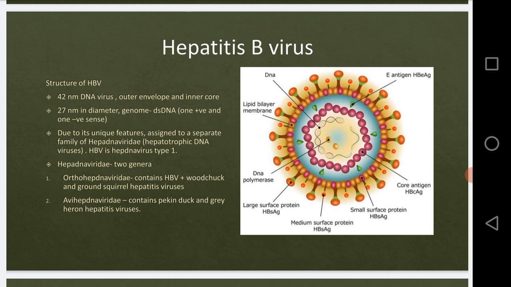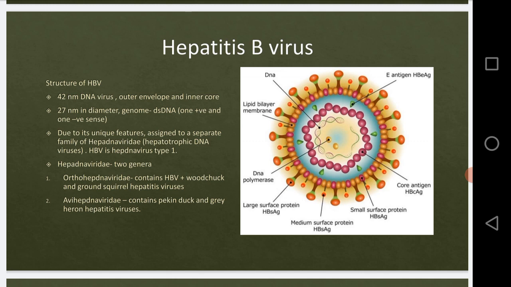Some of the previous viruses that we have studied had RNA genomes, and those come under the retrovirus category. This virus has DNA as its genetic material. Then it has an outer membrane, the outer envelope, and the nucleocapsid, its inner core.